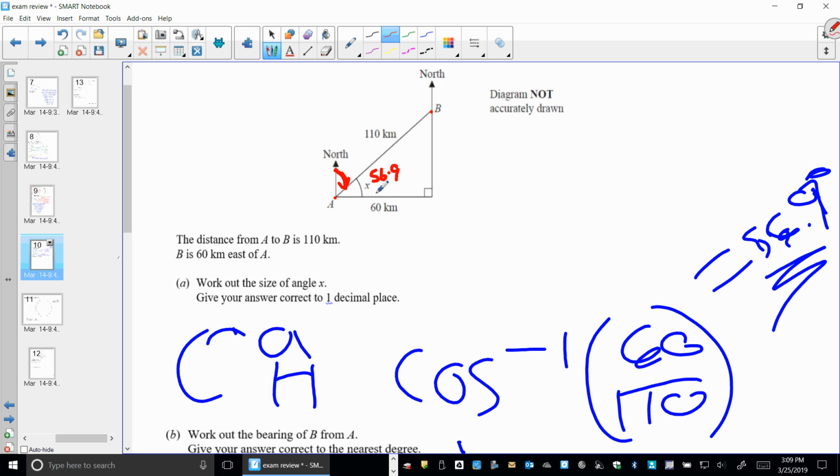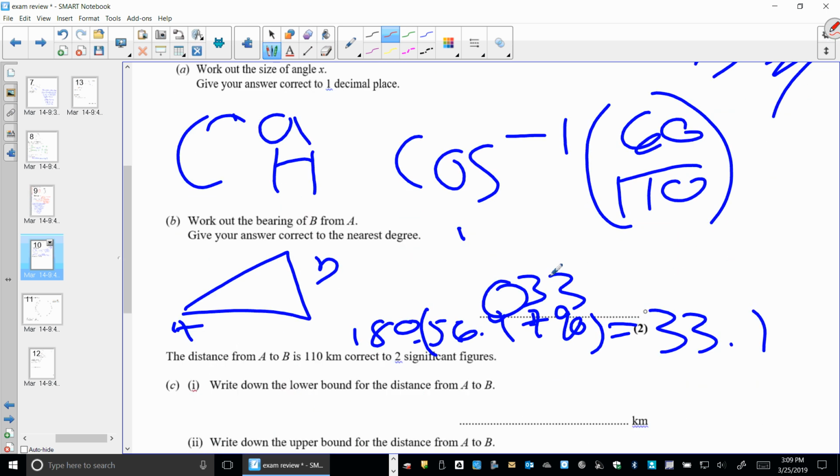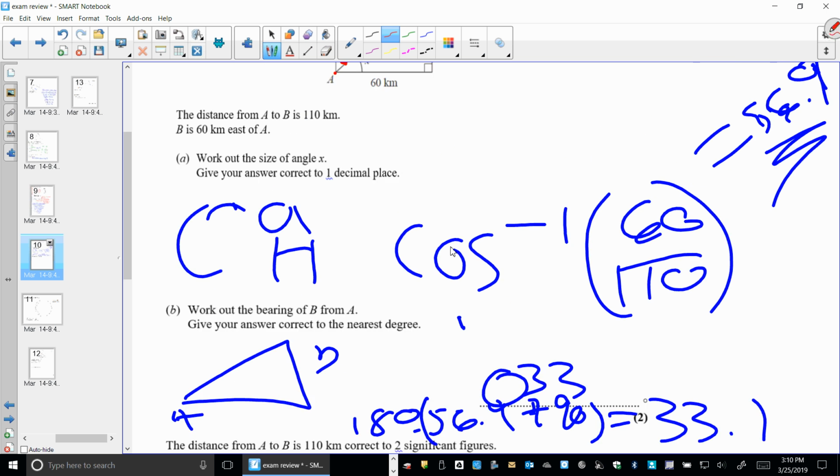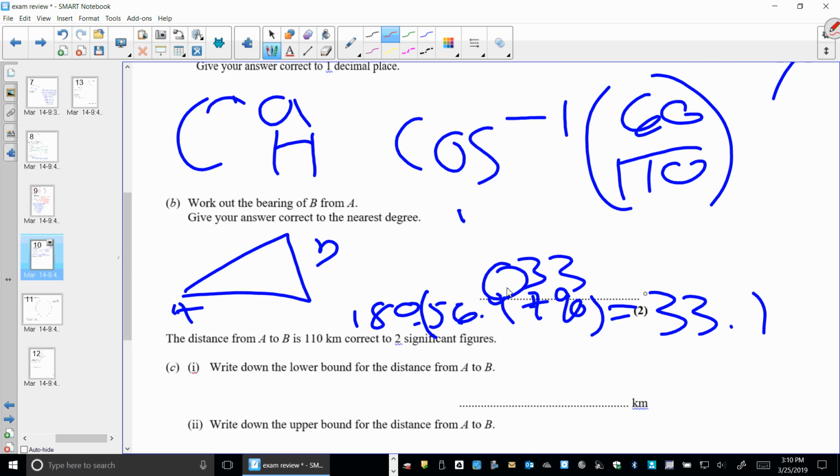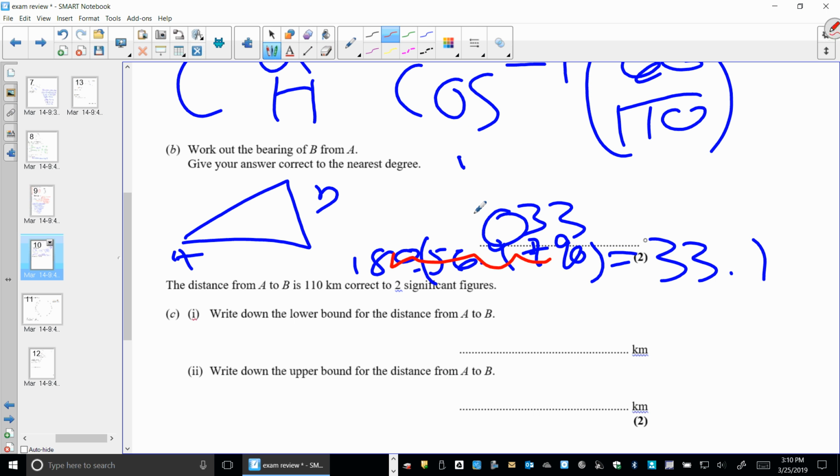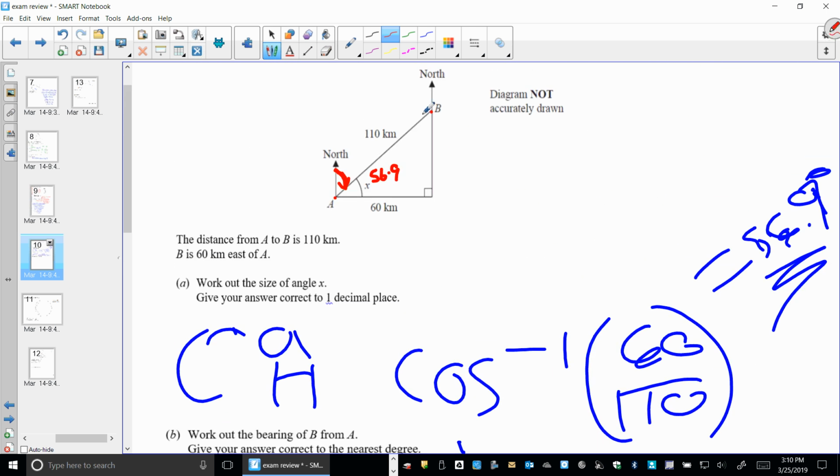So the answer is 033.1, whatever she had. A bearing has to be 3 digits, so it has to have the 0 in front. So ignore her working out, because what Emma found was actually this angle here, which happens to be the same as this one, but that's just because these two lines are parallel.